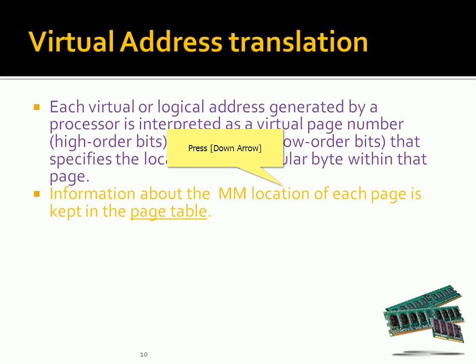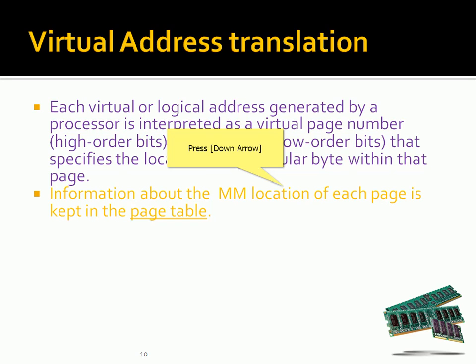Information about the main memory location of each page is kept in the page table. So it is a main memory location logbook. Which pages are coming, which pages went out, the age of the page, right? If the page is very old, then it contains old data, so update it.